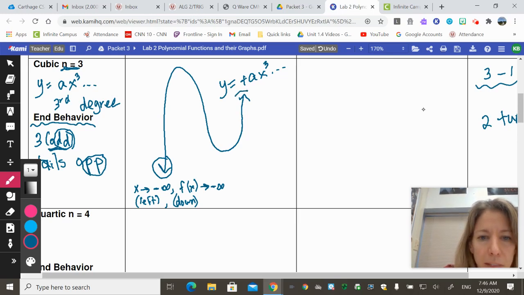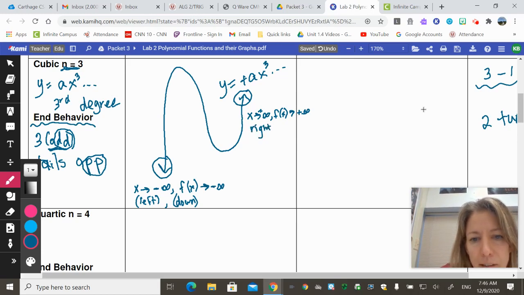Or if we're talking about the right tail going up, we would say as x approaches positive infinity, that's on the right. We could have put a plus sign there, or just say as x approaches infinity, f of x is also approaching positive infinity because it's going up. So this is saying on the right side, our graph is going up.